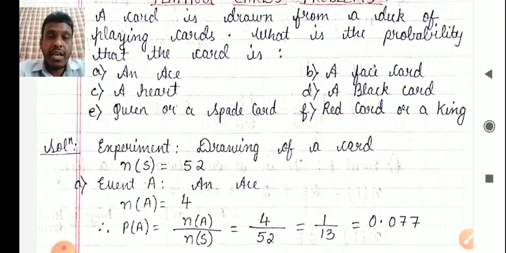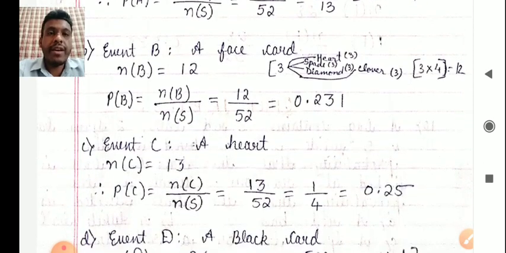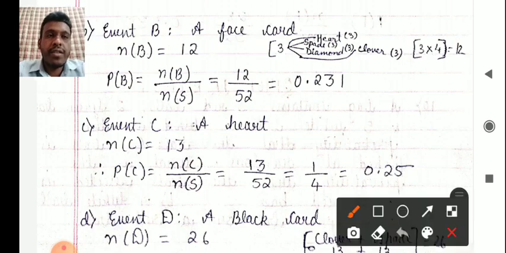In a previous theory class, I had told you that there are a total of 12 face cards, 3 in each set. That is the jack, the queen, and the king. So we know that for event B, n of B is equal to 12.